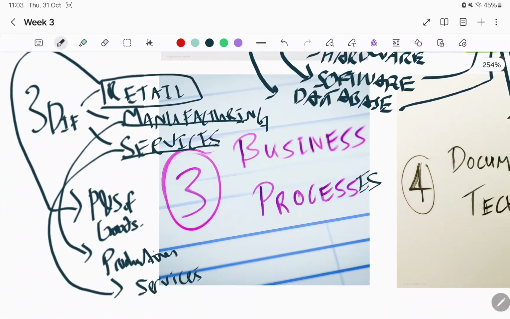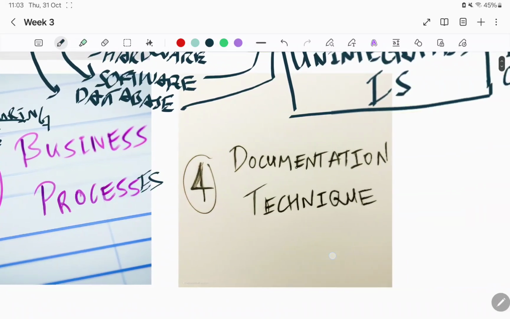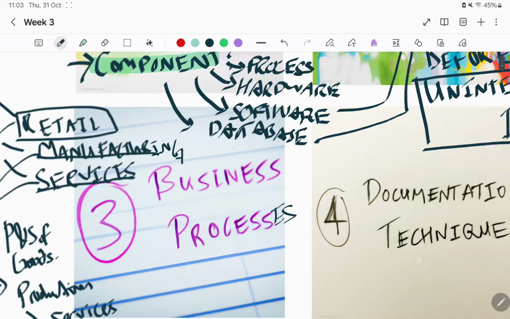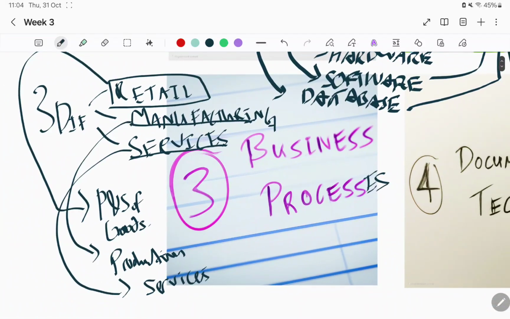So we have the idea of what business processes are. It is basically how the business actually works, what activities build up the sales processes.